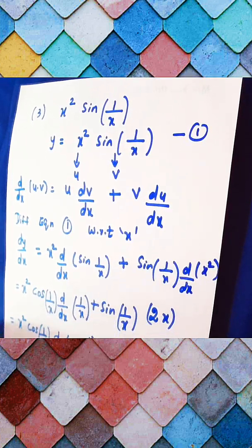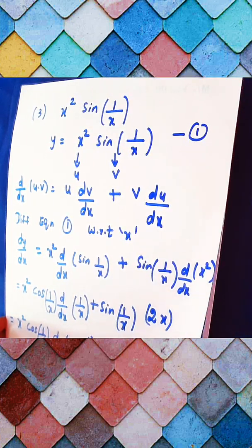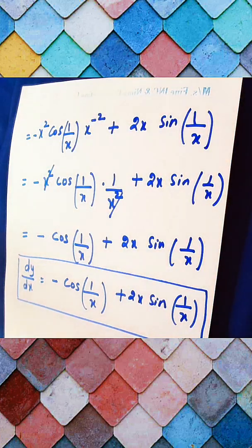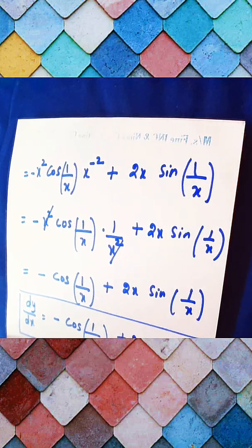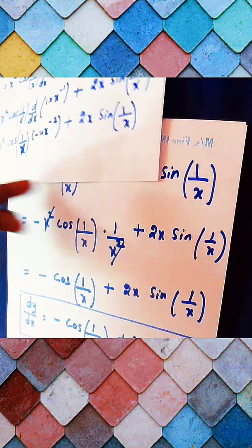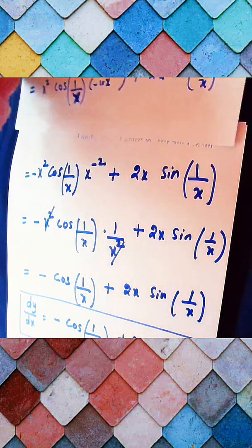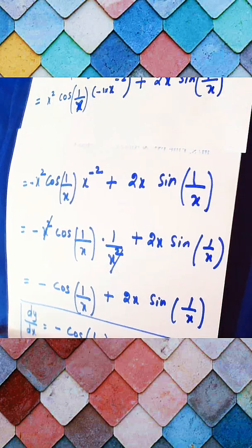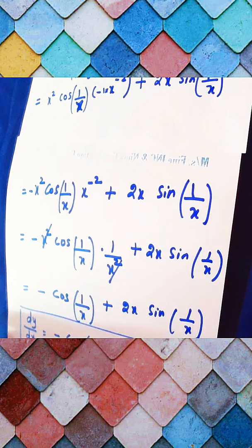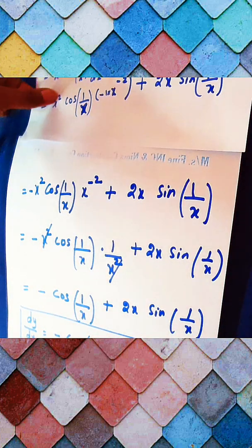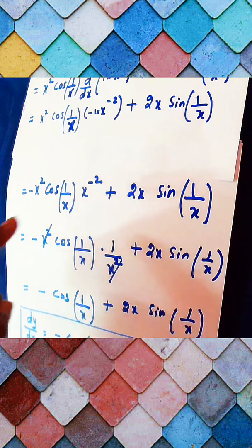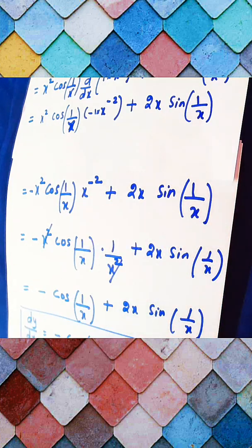Then what we did, we simplified it further. We have x square into cos 1 by x, keep it as it is. Then we have x to the power minus 2 plus 2x into sine 1 by x, keep it as it is.